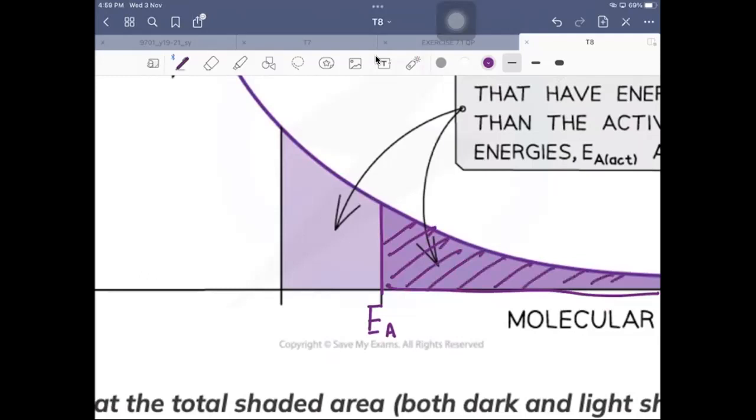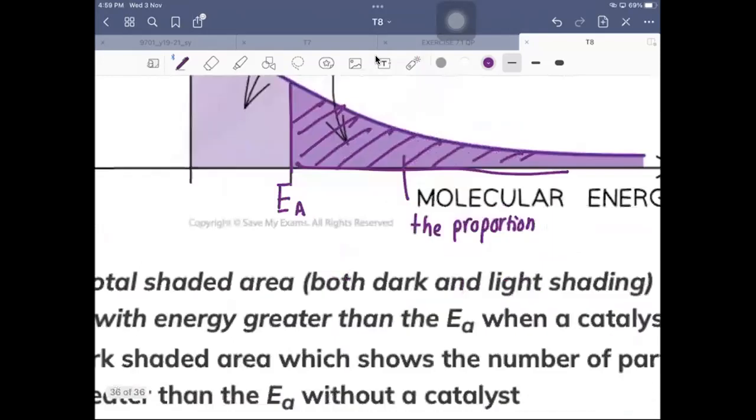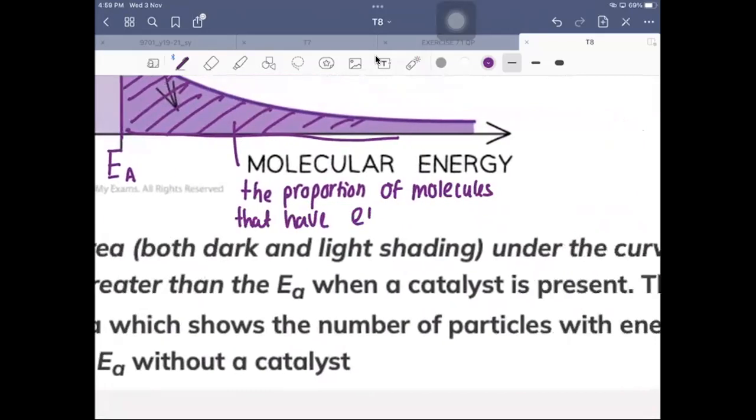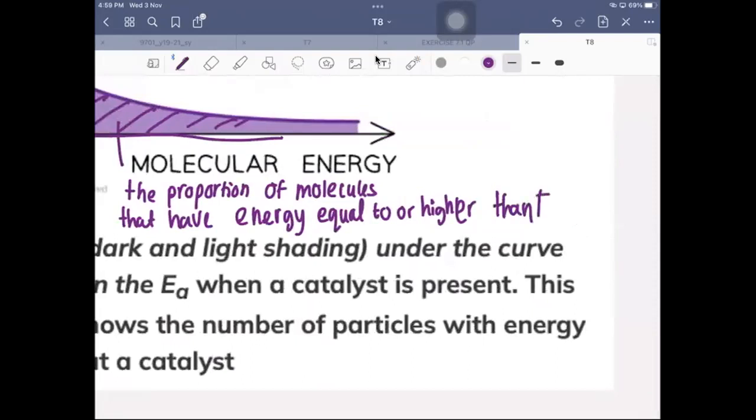Okay, so I label that the proportion of molecules that have energy equals to or higher than activation energy.